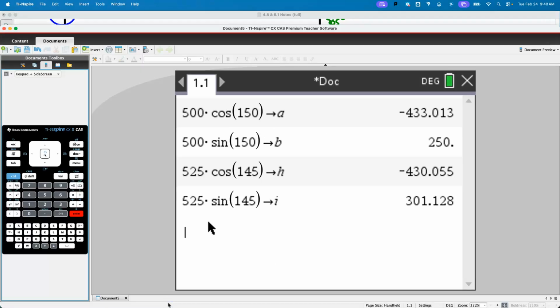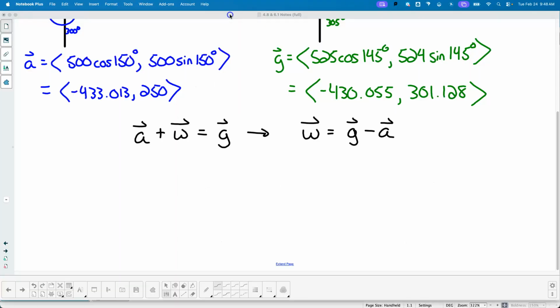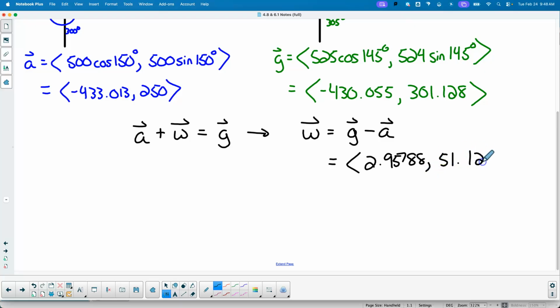H minus A is going to be my new X, and I minus B is going to be my new Y. That gives me the vector 2.95788 and 51.12763. Now I need to find the magnitude of W.